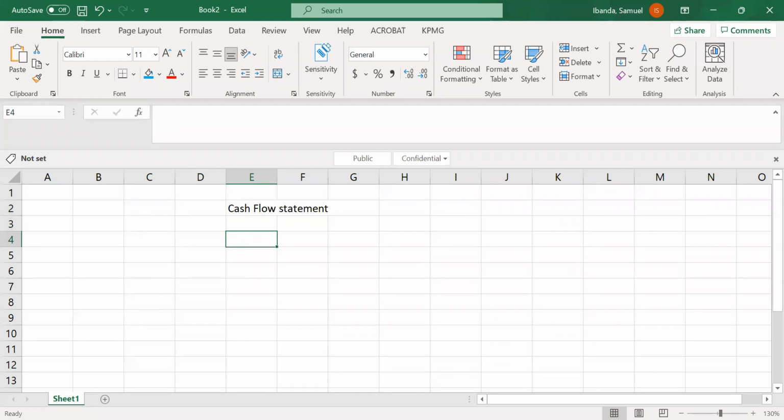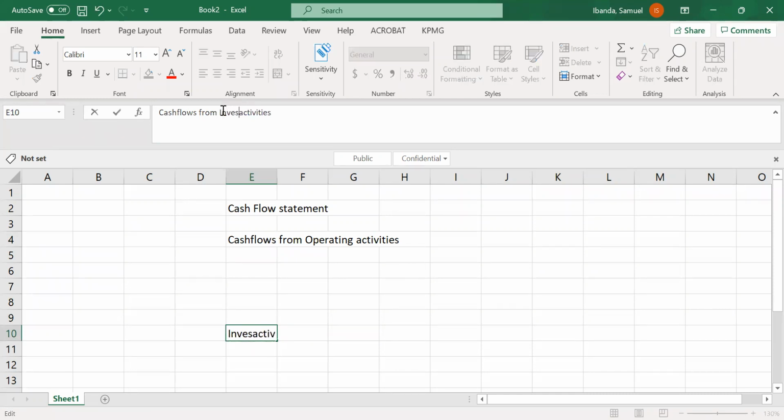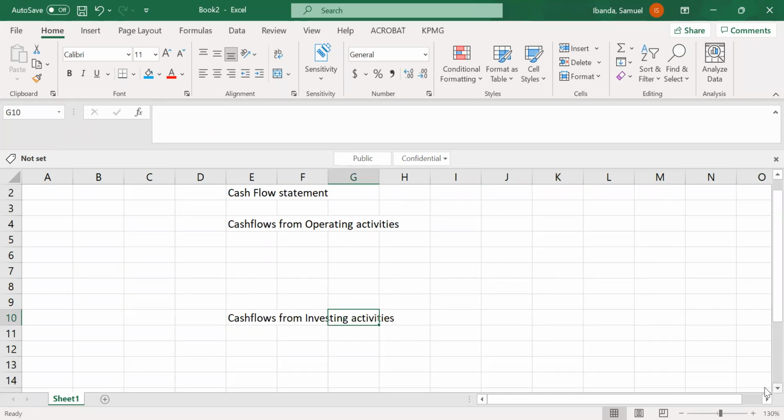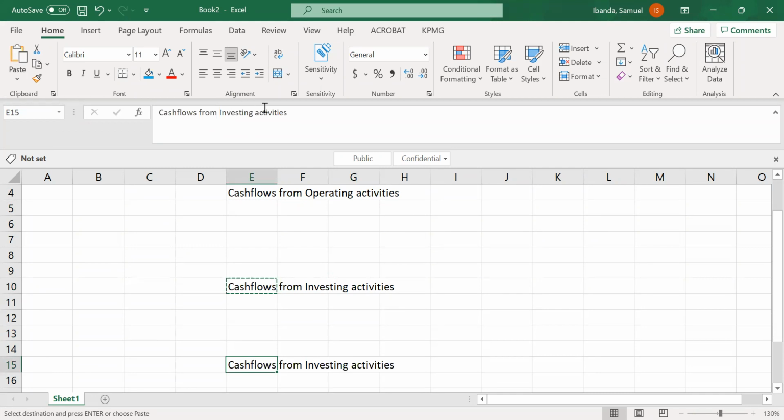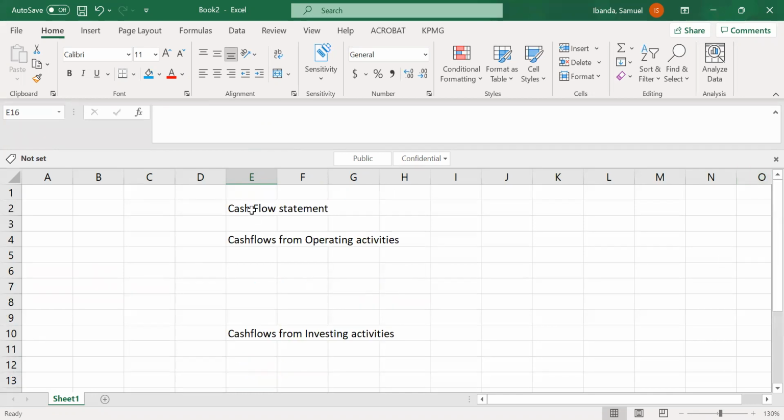We have cash flows from operating activities, which I'll put here, cash flows from investing activities, and then we also said that we have cash flows from financing activities. So these are the three key sections.